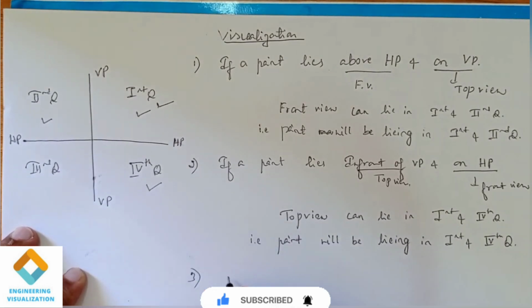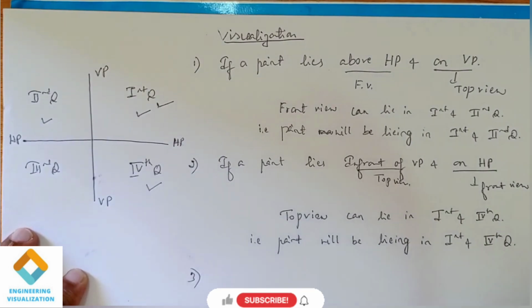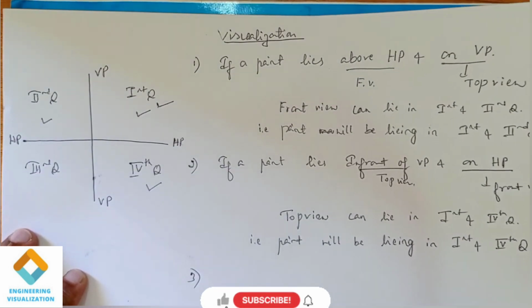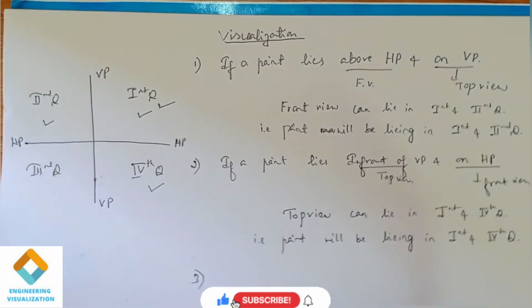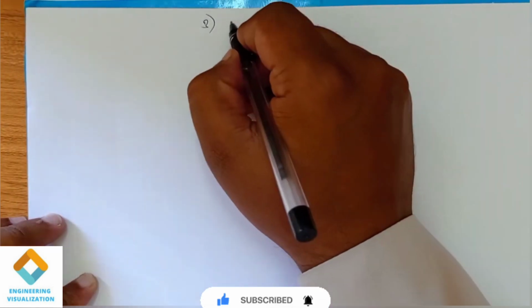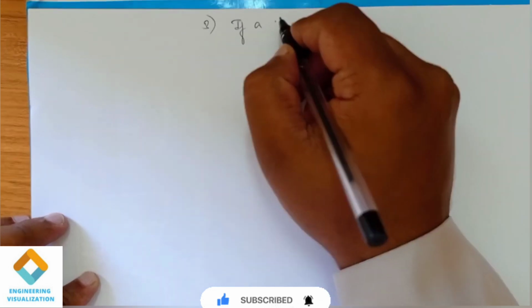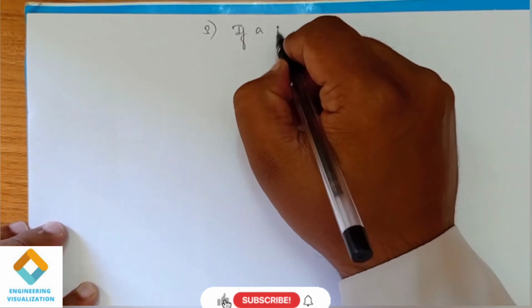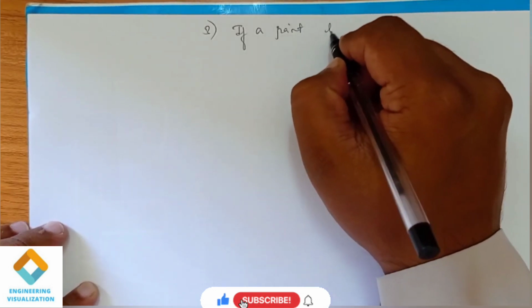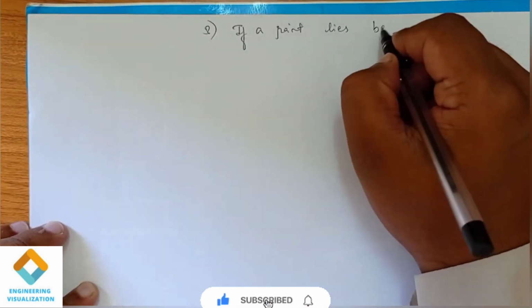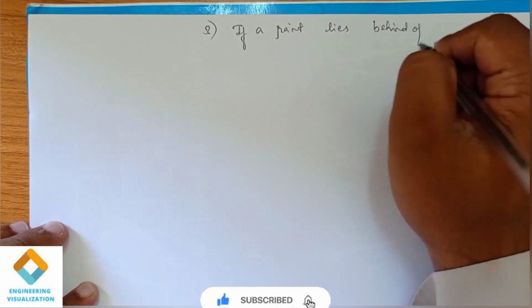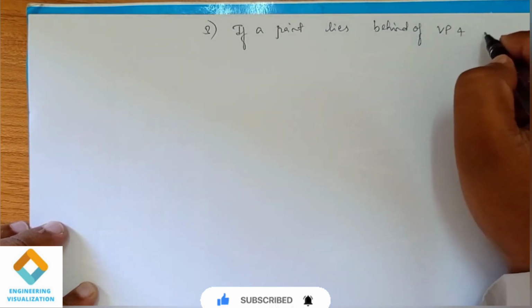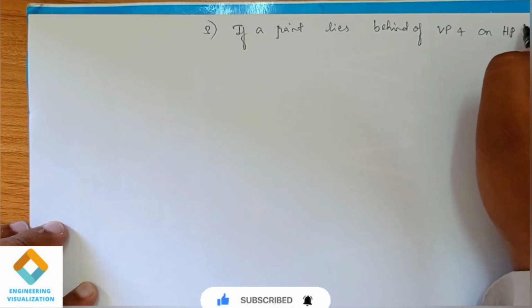Similarly, if a point lies behind VP and on HP.